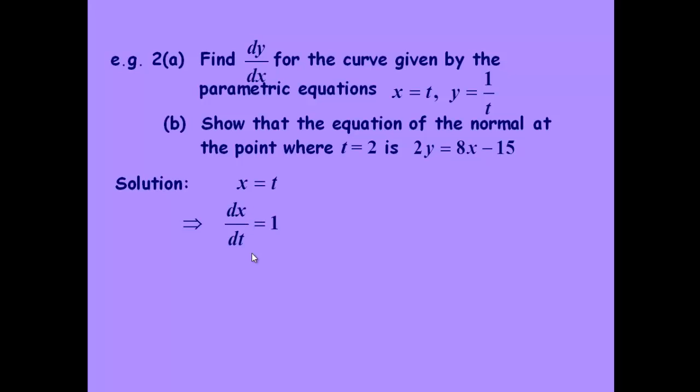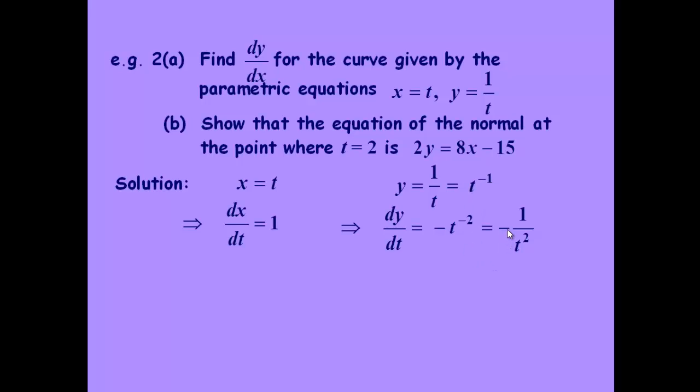So if x equals t, obviously dx/dt equals 1, and if y equals 1 over t, then dy/dt, remember we can rewrite that as t to the minus 1 when it's in the denominator, so it goes to minus t to the minus 2, and it's times minus 1, isn't it?